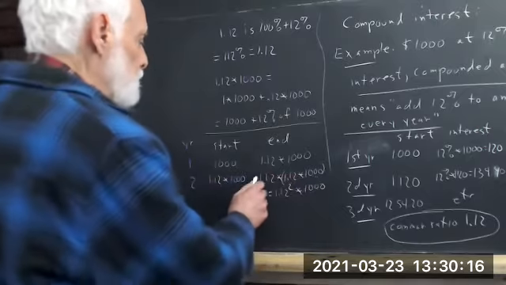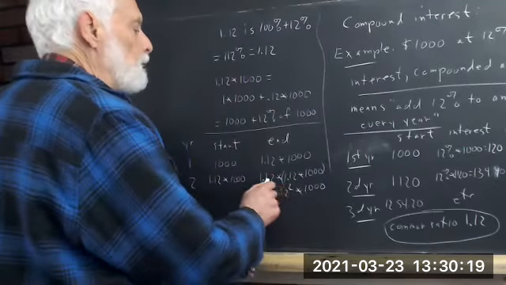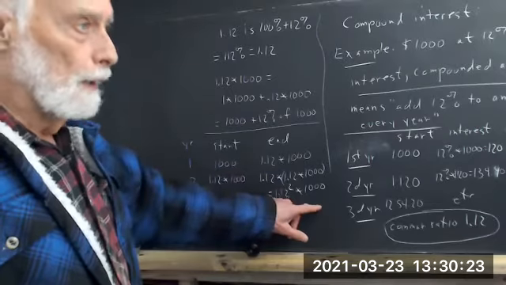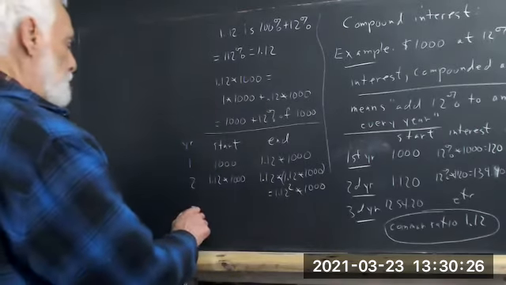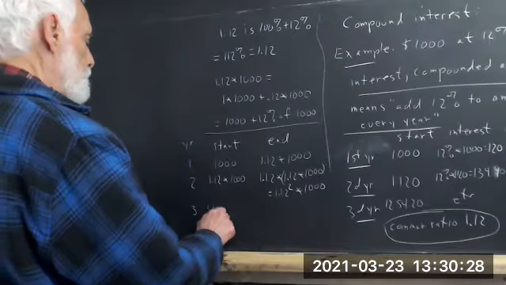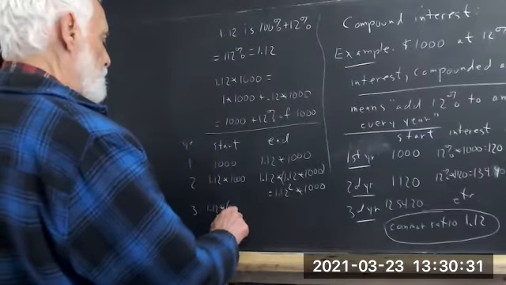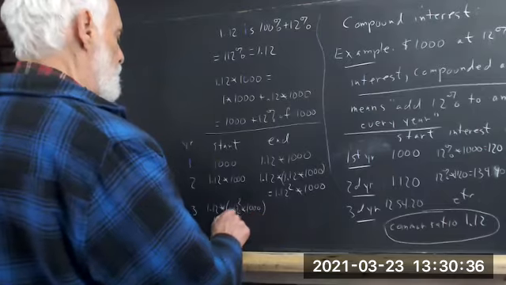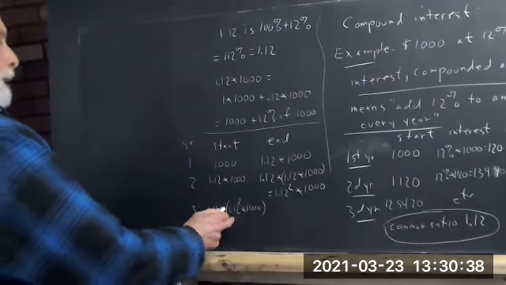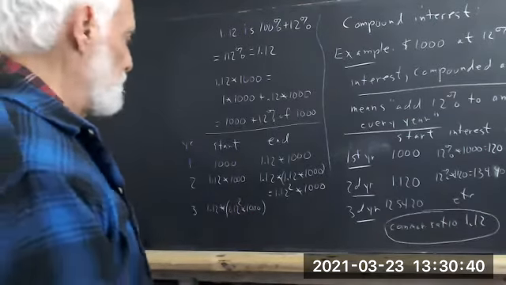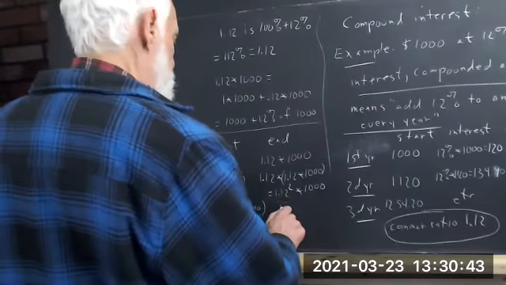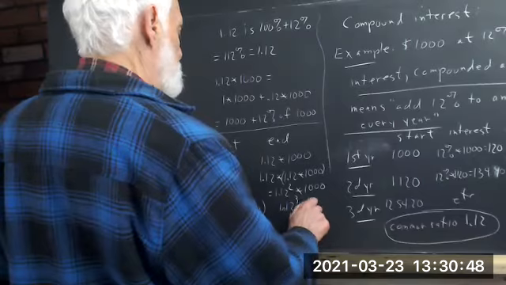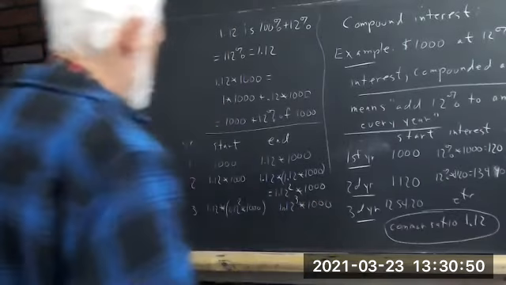1.12 times this is 1.12 times 1.12 times 1,000. Clearly, we get 1.12 squared times 1,000. In the third year, we get 1.12 times 1.12 squared times 1,000, which we can see without going through all the details is 1.12 cubed times 1,000.